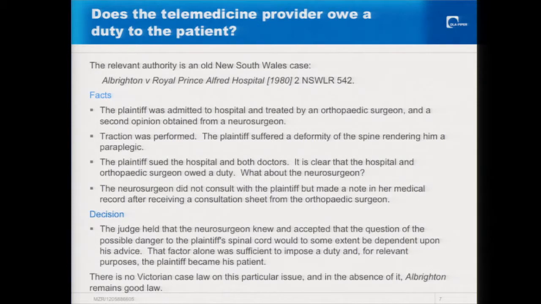The plaintiff sued the hospital and both doctors, and it's clear from what I've said to you before that the hospital owes a duty of care to that patient for two reasons. One, it owes a direct duty to the patient, and secondly, it has a non-delegable duty of care for anybody who might have treated them whilst under their care, but I won't divide that up anymore.